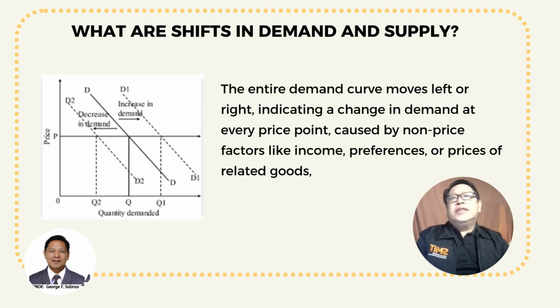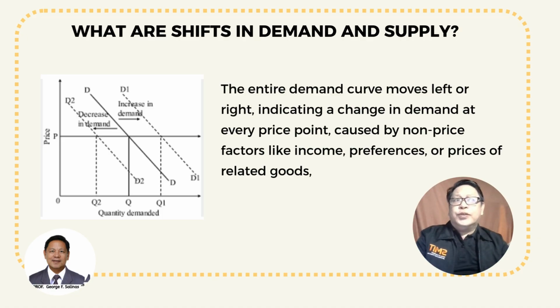Now, let's ask, what do you mean by the shifts in demand and supply? A shift in the demand curve is a fundamental economic concept where the entire demand curve moves left or right, indicating a change in demand at every price point.